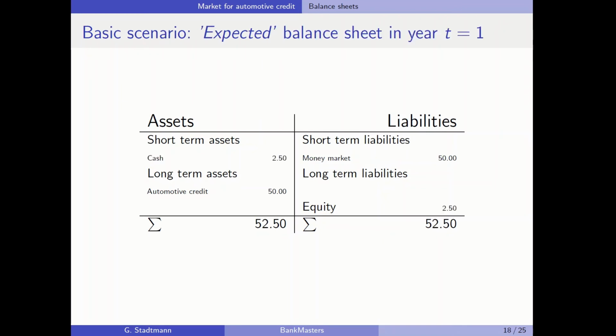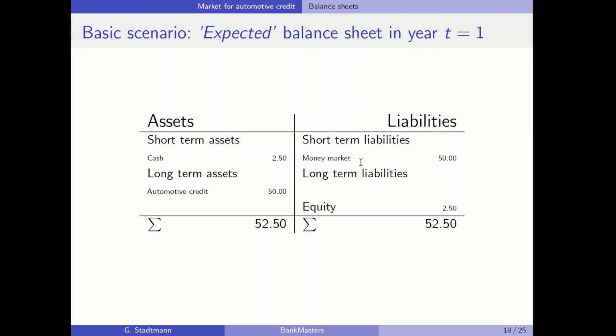How does the expected balance sheet look like in 1 year from now? In 1 year from now, we expect a 10% cash flow from the automotive credit market. So we expect revenues of €5 from the automotive credit market. We have to pay at the money market €2.50 because we are borrowing €50 at the interest rate of 5%.